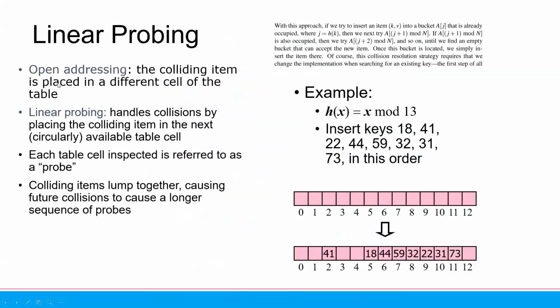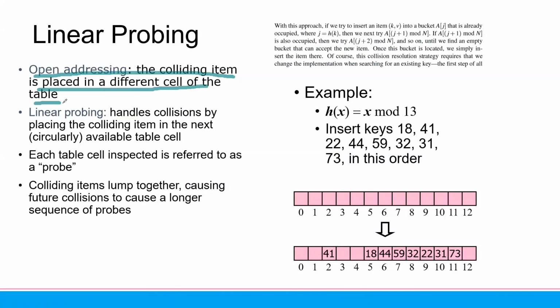So let's see this example with the linear probing. In the linear probing, we want open addressing, where the colliding item is placed in a different cell of the table.